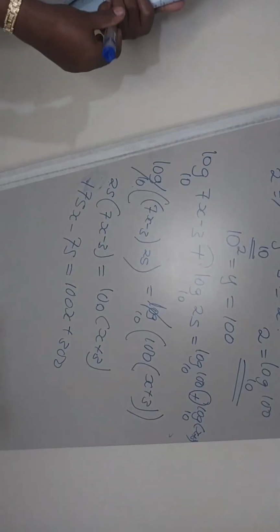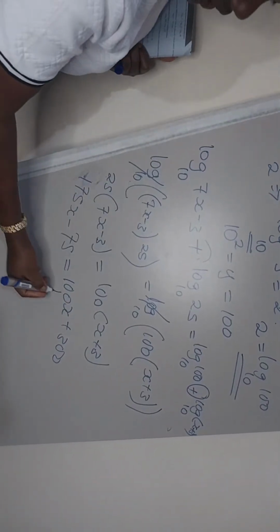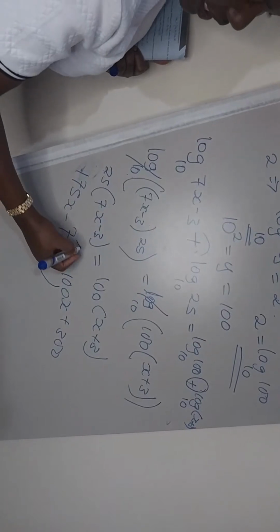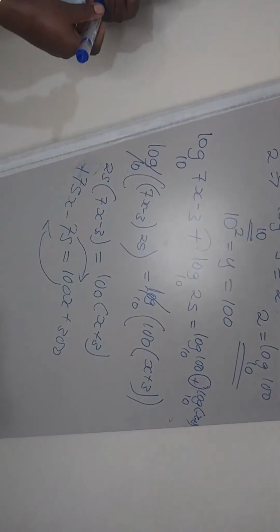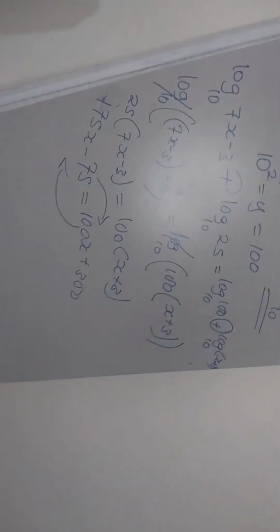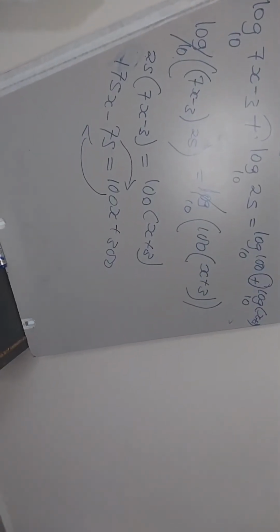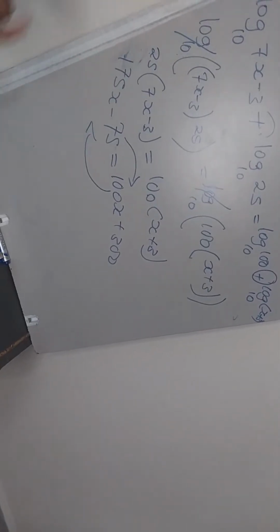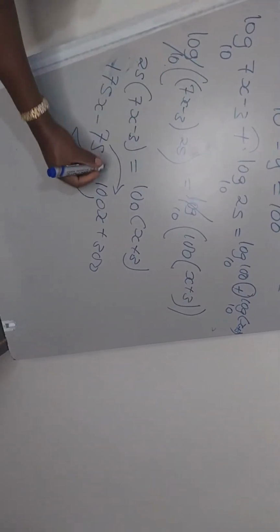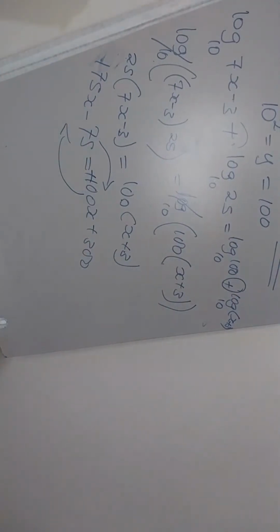Why can't we group the like terms together by simply picking 100x to the other side and negative 75 to the other side? Once we get there, it is high time to realize that the sign of a number always occurs before the number, so that you can know the sign it will get after crossing to the other side. Like here, a number without a sign is a positive number.